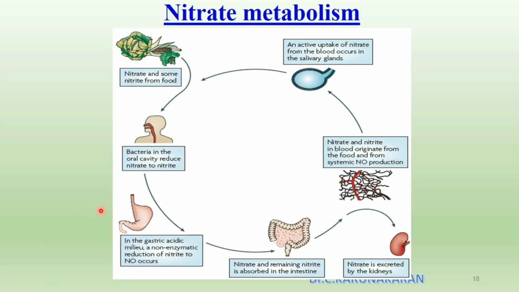How is nitrate metabolized? It is very interesting that we don't have any enzyme to metabolize nitrate. Therefore, it is metabolized by bacteria in the oral cavity that reduce nitrate to nitrite and nitrite to nitric oxide. In gastric acid, non-enzymatic reduction of nitrate to NO occurs.